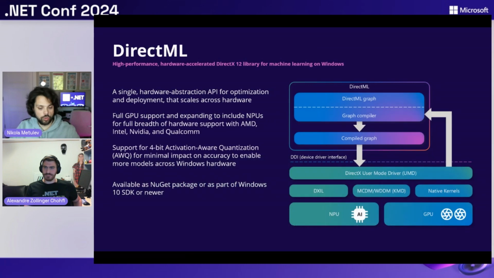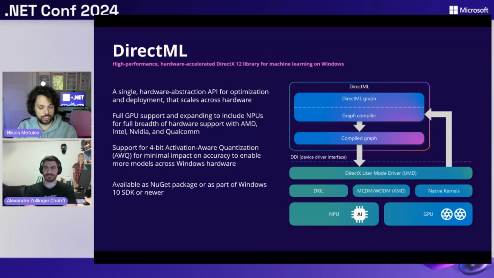The next thing we used that we didn't really mention that much is DirectML. All of these demos we showed are running on top of DirectML. And if you're not familiar, DirectML is a hardware accelerated DirectX 12 library that abstracts away the actual hardware where your models are running.